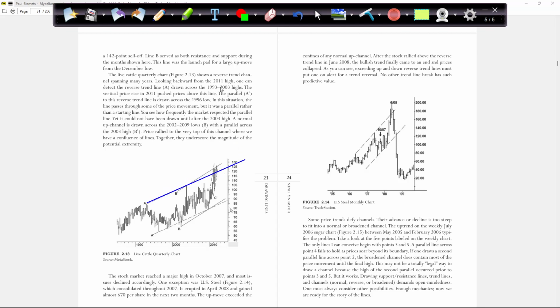Now, the vertical price rise. From that concept, we draw this channel, finding two highs and one low for an upward channel.